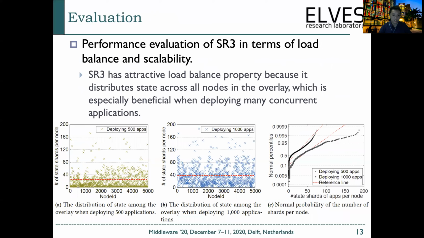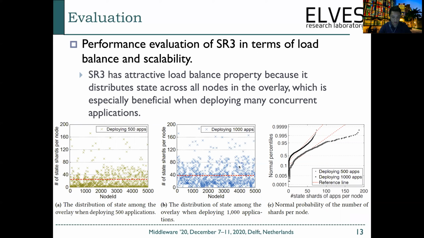Then we consider the evaluation regarding load balance and scalability. SR3 has the load balance property because it distributes states across all the nodes in the overlay network. From these three figures, the first two are related to the node distribution.